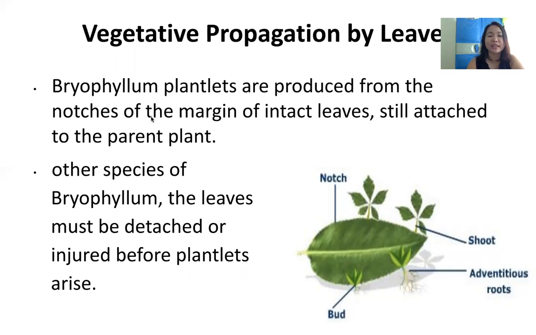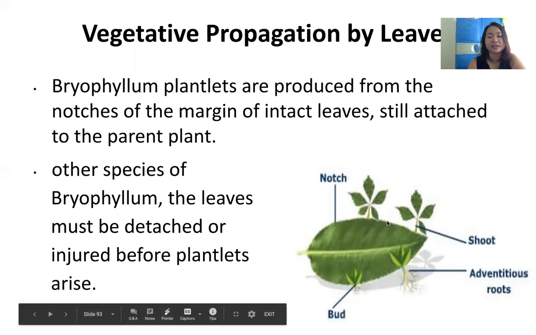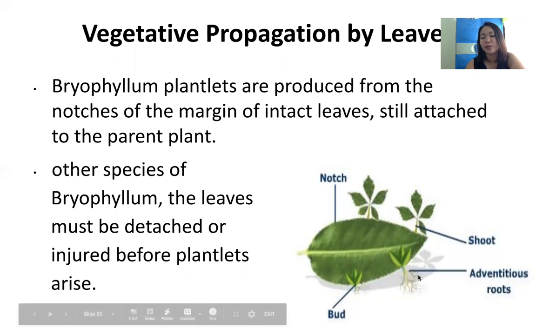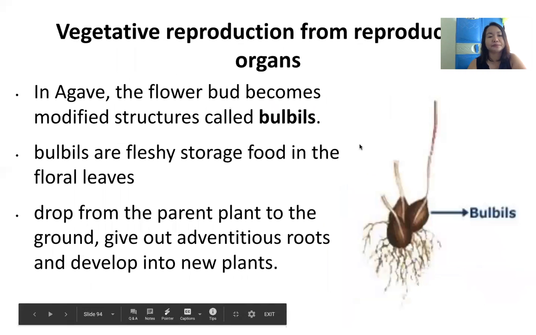And now for the leaf, we have, I know you know it, katakataka or Bryophyllum plantlets. These are from the leaves, which are still attached to the mother plant. You can detach these and a new plant will arise.